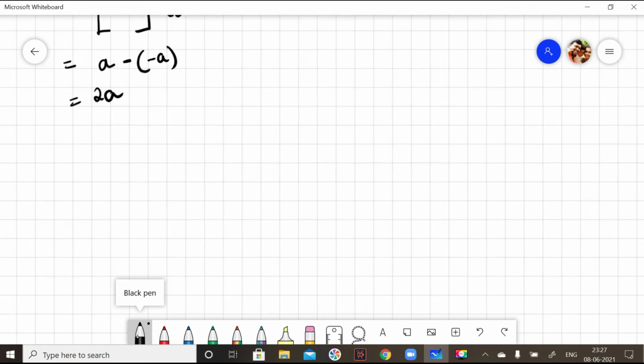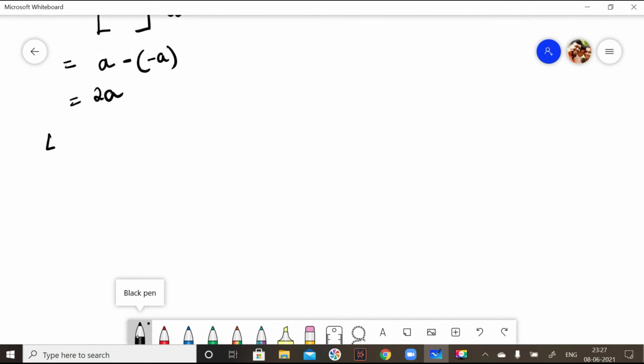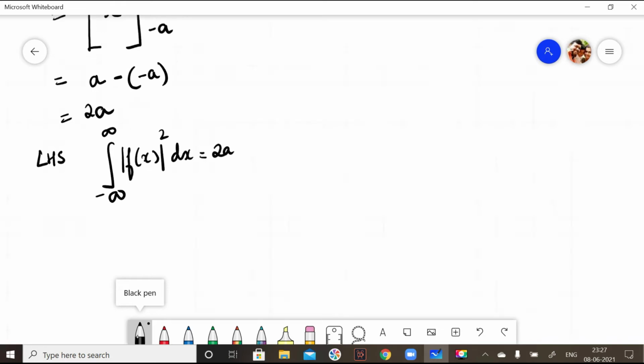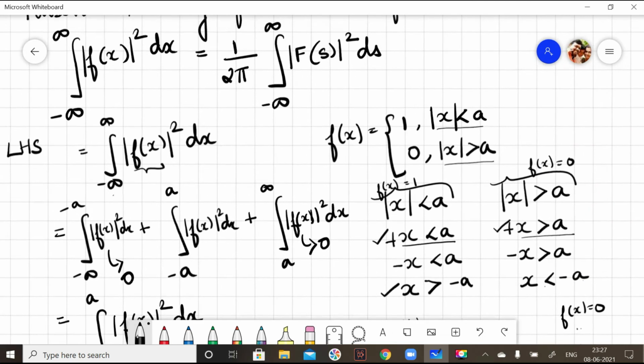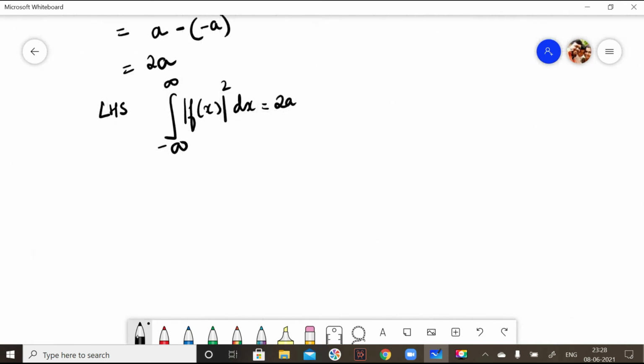Okay, so from this we understand that the LHS, which is integral minus infinity to infinity f of x the whole square dx, is equal to 2a. Okay, so we are done with the LHS. Fine. Now we will go to the RHS. So what is my RHS?